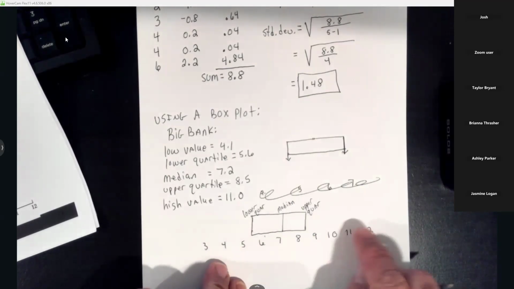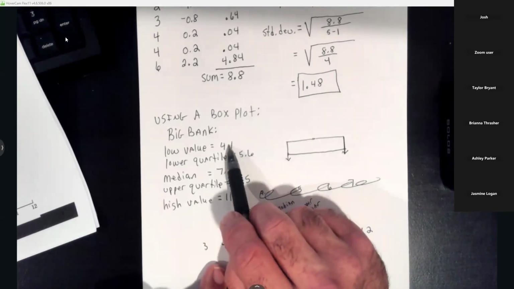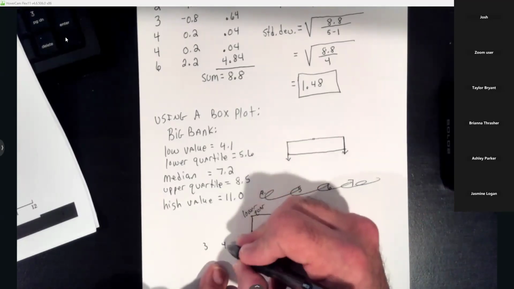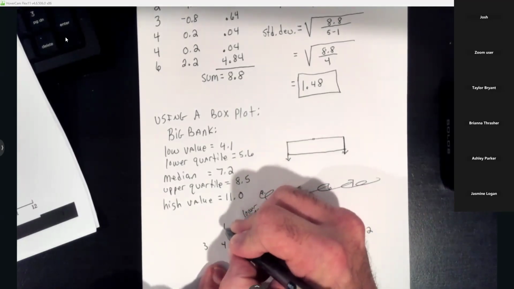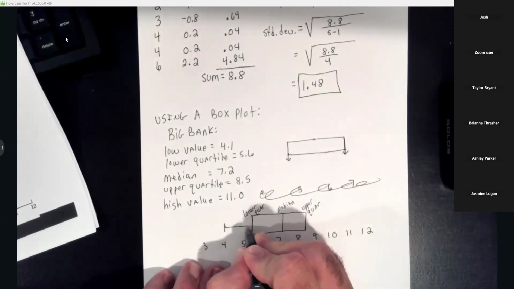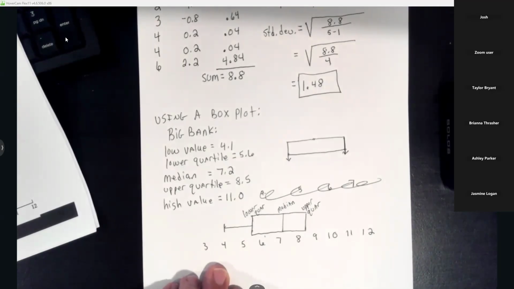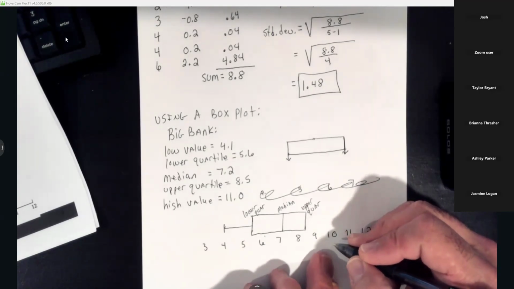So the whiskers, we're going to draw whiskers off of this. They go from the low value of 4.1. So y'all, here's 4. So I'm going to come up, make a little line about 4.1, and then that hooks to my box. My high value was 11.